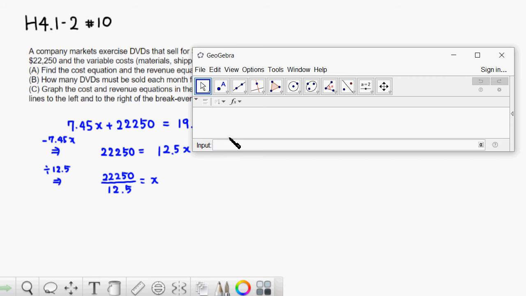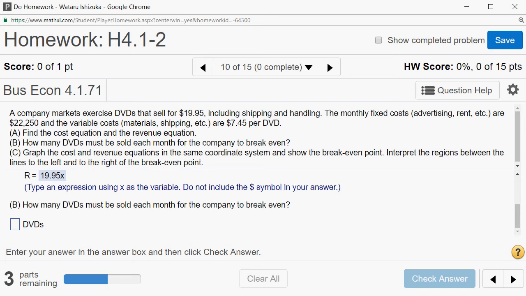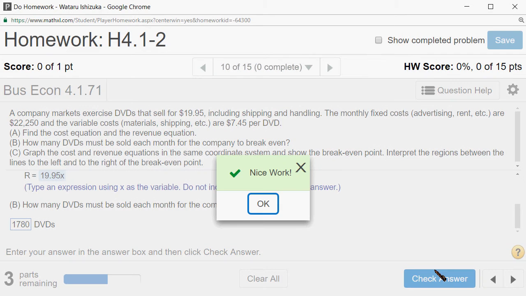Alright, so we need to find 22,250 divided by 12.5. So, alright, it came out to be 1780. So this is going to be equal to 1780. Right? So you would have to make that many DVDs just to break even. Right? So let's type that in. Right, so it's going to be 1780. Right, so let's check the answer. Right, we got that.